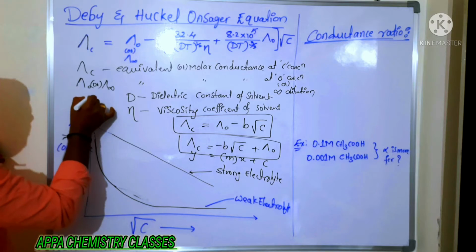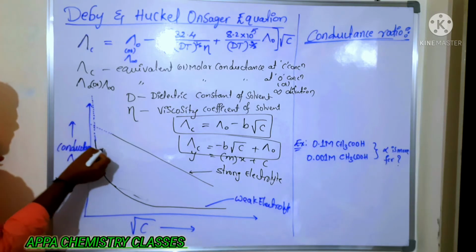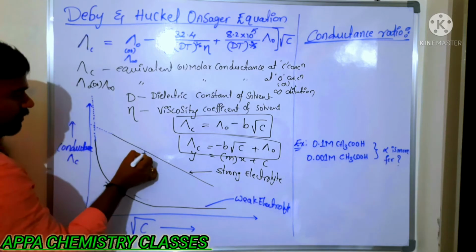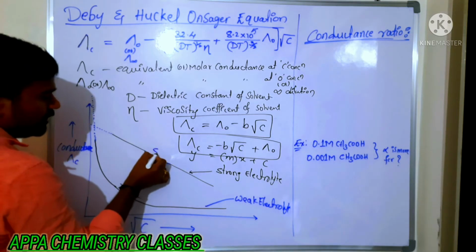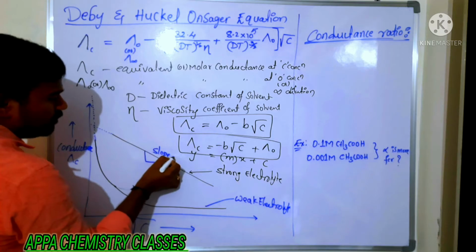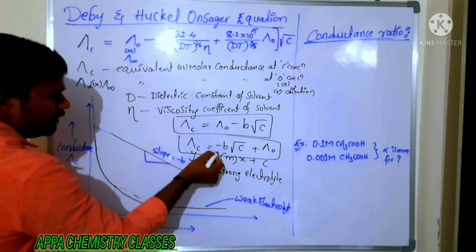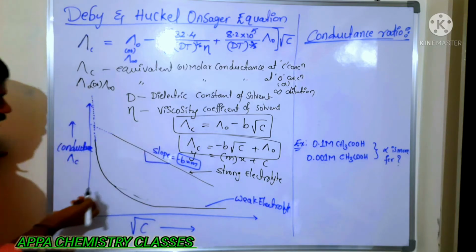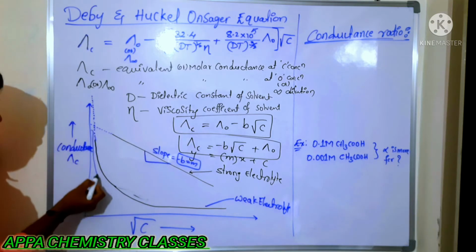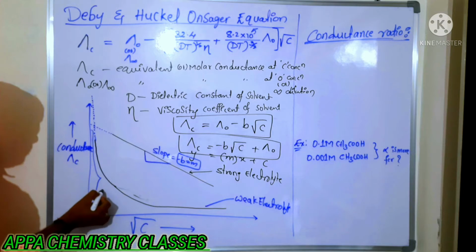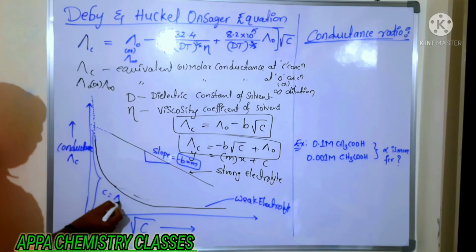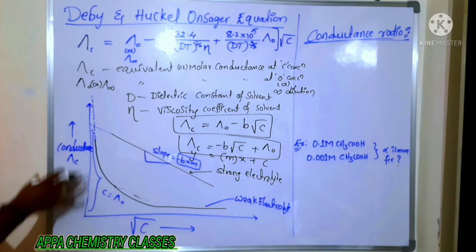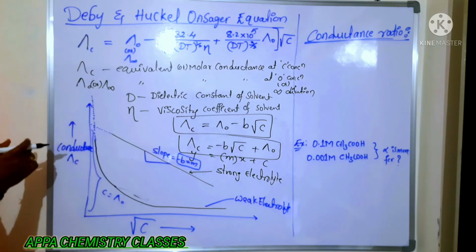If you extrapolate that curve, are you getting the exact conductance of the weak electrolyte? It is not obtained. So here the slope is equal to minus b; in place of m, we have minus b. Whatever this one is, it is said to be the intercept. So intercept C is equal to the equivalent conductance at zero concentration. Is that clear? That is the Debye-Huckel-Onsager equation.